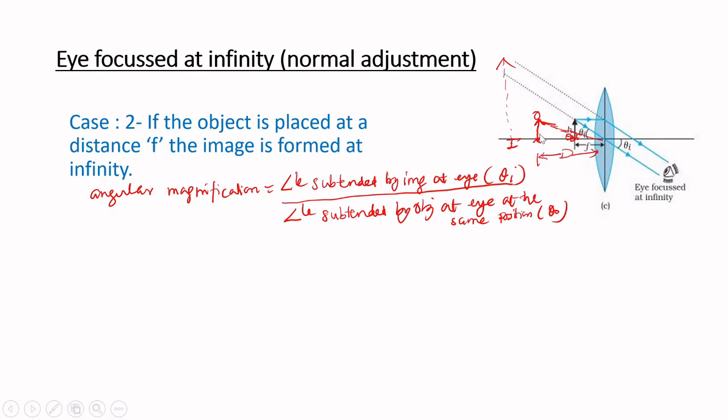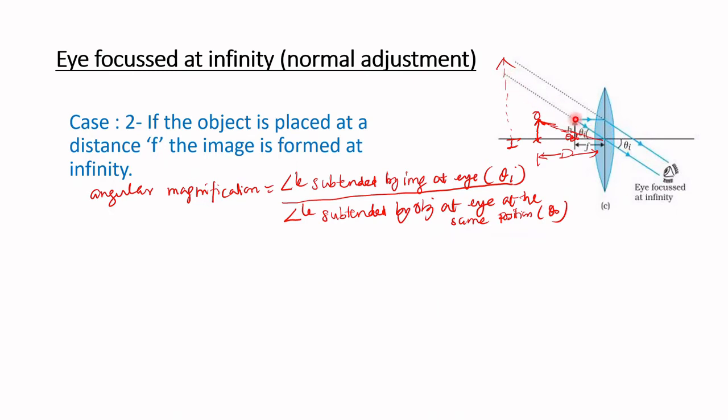So we will find the angle made by the object. This is the position of the object initially. The angle it makes with the eye and the lens is theta O. Now we shift the object to F, and the image will be formed at infinity.